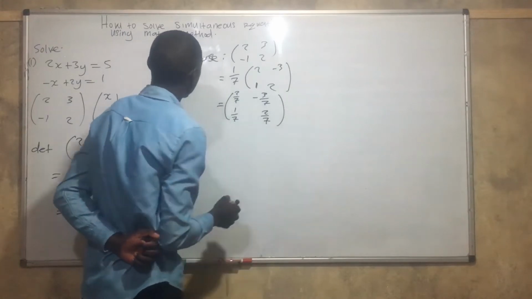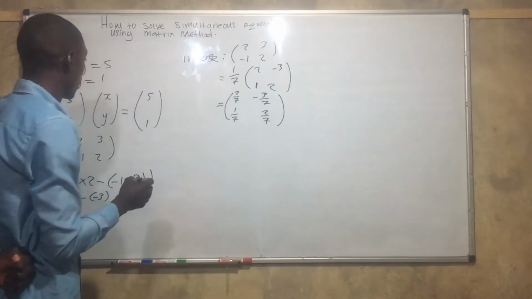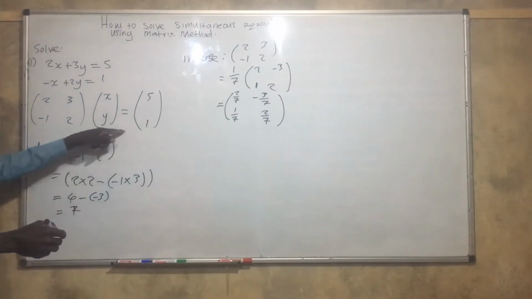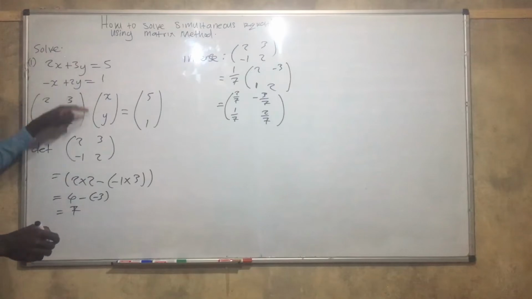Once we have found the inverse of that matrix, we go to the original equation where we made the equation into matrix form.